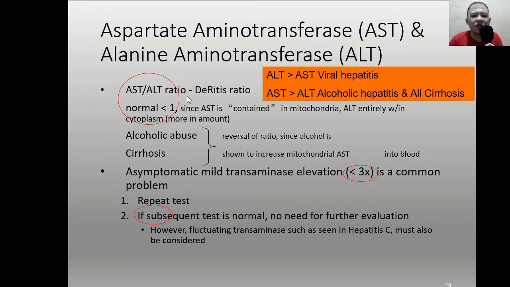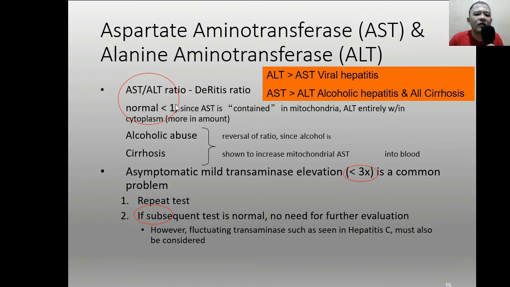Remember what I told you before? When AST is greater than ALT, this might be alcoholic hepatitis and all forms of liver cirrhosis. When the injury is not that much, as we illustrated before, that might be a viral hepatitis. But if the patient will succumb to cirrhosis, then AST will likely be increased more.